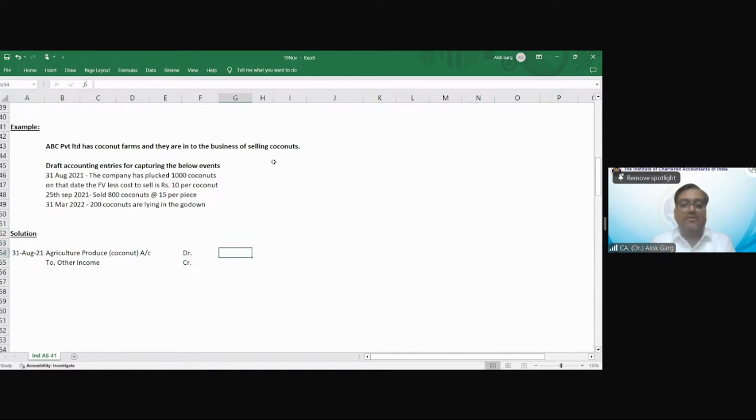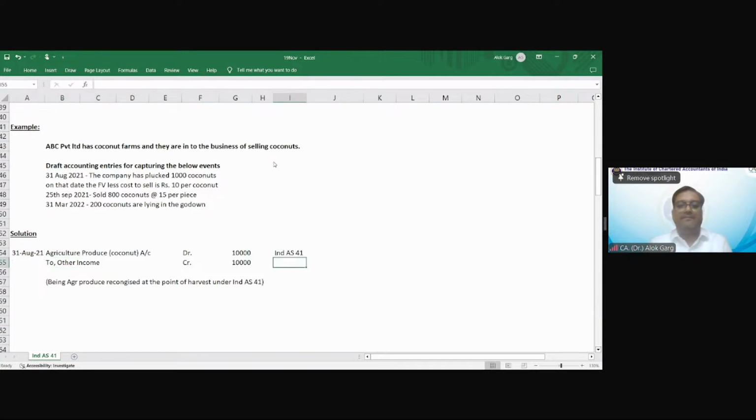What is the fair value less cost to sell? 1000 multiplied by the fair value less cost to sell given, 10. 10,000. Okay. Being agriculture produce recognized at the point of harvest under Ind AS 41. Perfect. So Ind AS 41 will be applicable here.